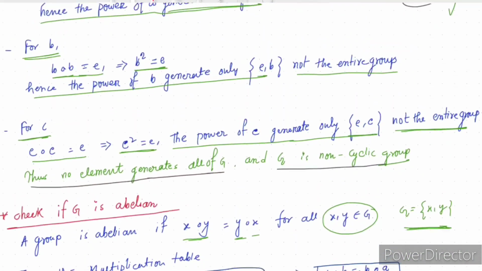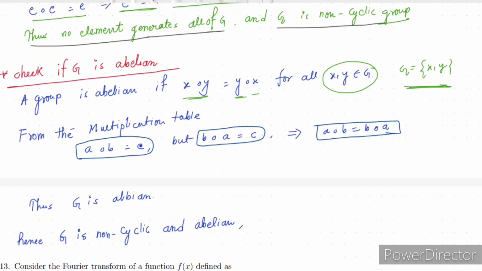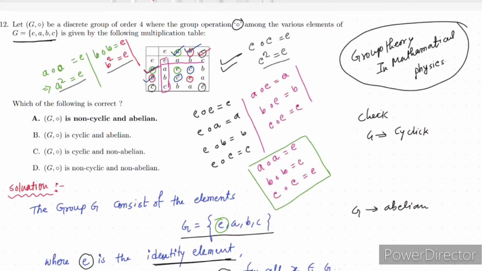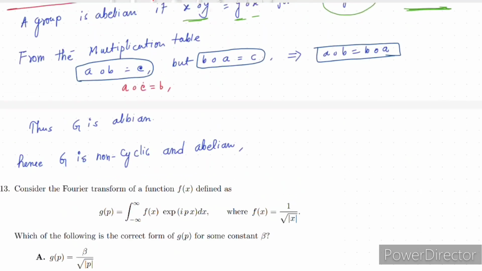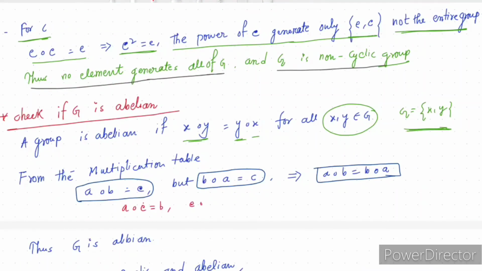a multiplied with c we get b, and c multiplied with a we get b.